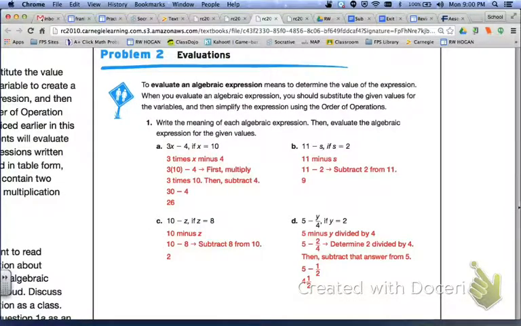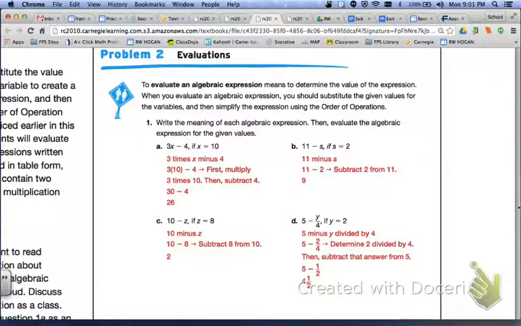Let's take a look first at letter A. Now remember, for all 4 of these, you may have written the meaning a little differently than what I have here. We had to come up with 2 examples in the previous example that we went over. For letter A, we have 3 times x minus 4. If you follow the order of operations, 30 minus 4 is going to give you 26.